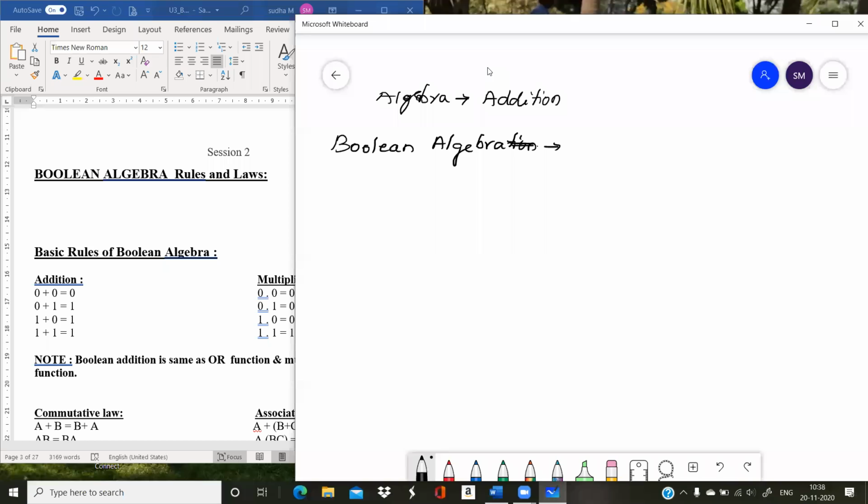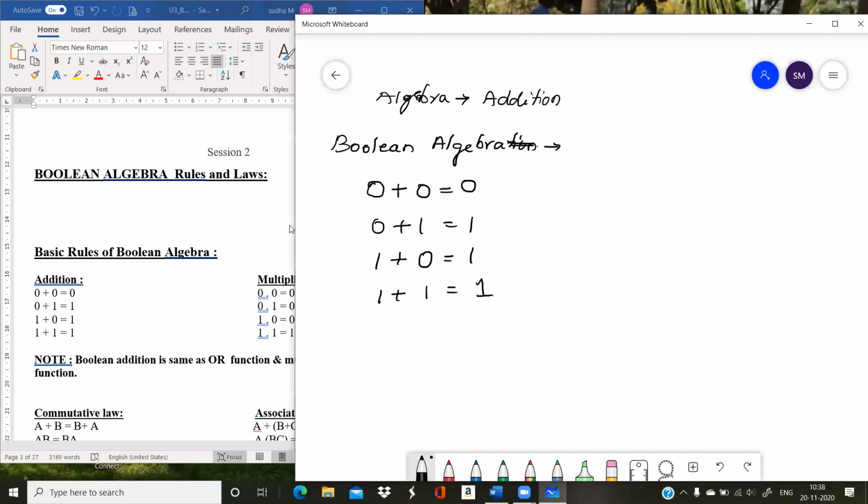As you can see on the screen, the addition. We know while doing binary addition, we have done this: 0 plus 0 is nothing but 0. 0 plus 1 is 1. 1 plus 0 is 1. 1 plus 1, for the addition, we have written it as 1, 0.